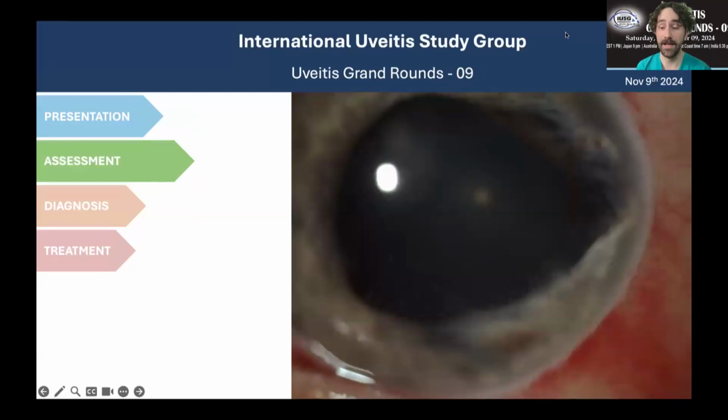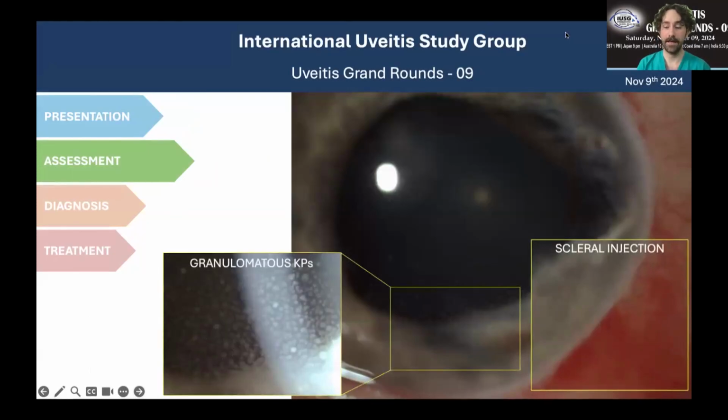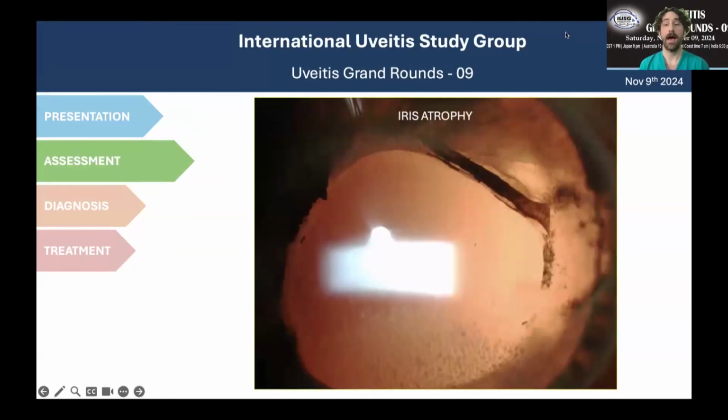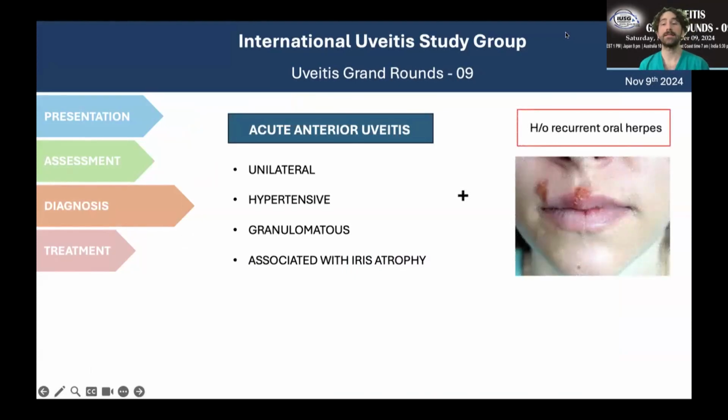At slit-lamp examination, we can see scleral and conjunctival injection and granulomatous keratic precipitates, and most importantly, at transillumination, we can observe iris atrophy. We have a case of acute anterior uveitis, which is unilateral, hypertensive, granulomatous, and associated with iris atrophy, plus the history of recurrent oral herpes.